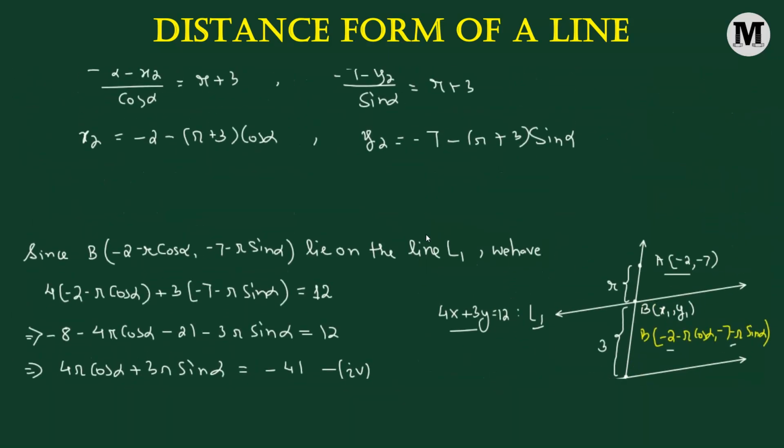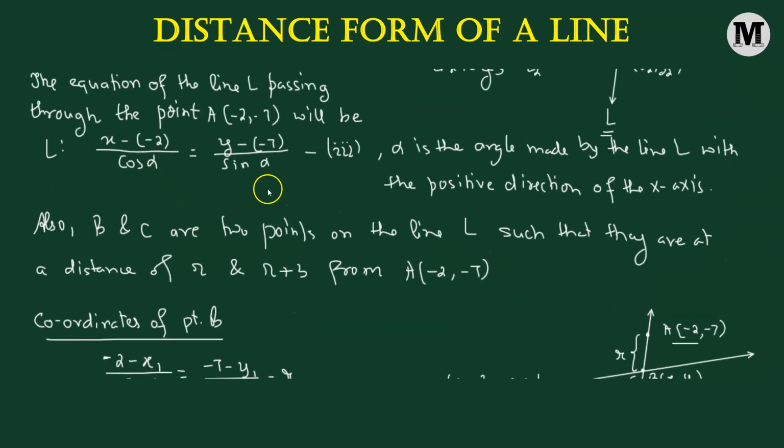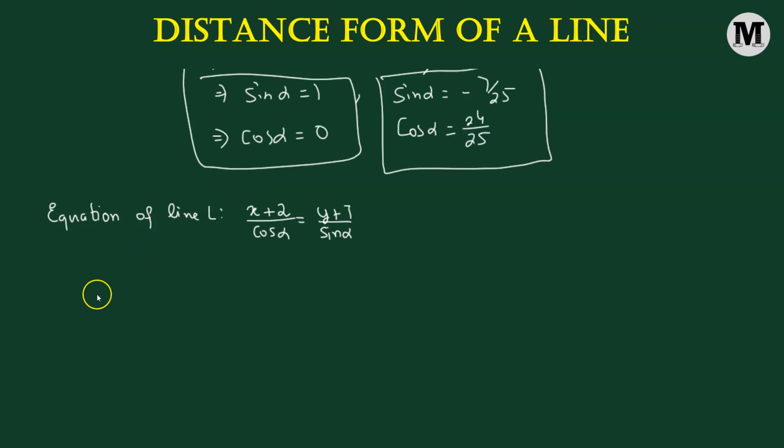Okay, so now we are almost done. We will finally substitute this value into the equation that we took in the very beginning. So let's go to the first case. This is the equation for the line L. We want to find out the equation of the line L. So let's use the first case when sine of alpha equals 1 and cosine of alpha equals 0.